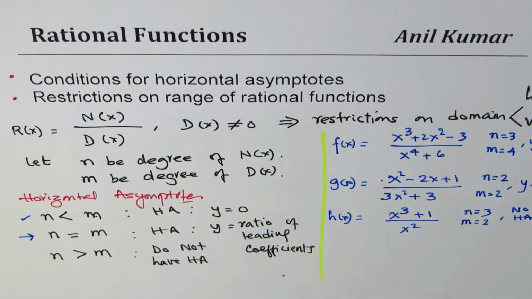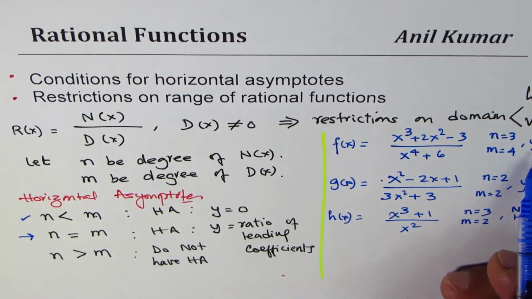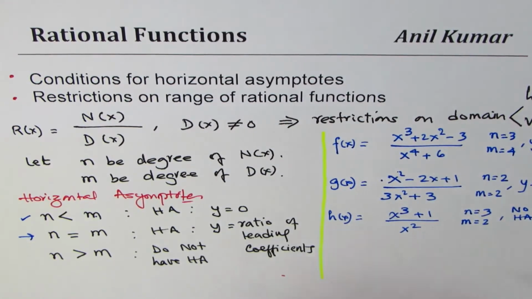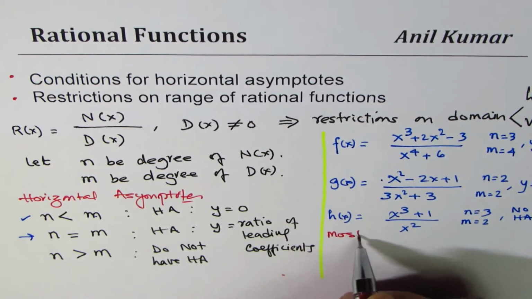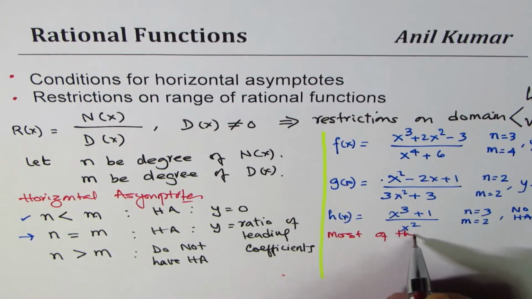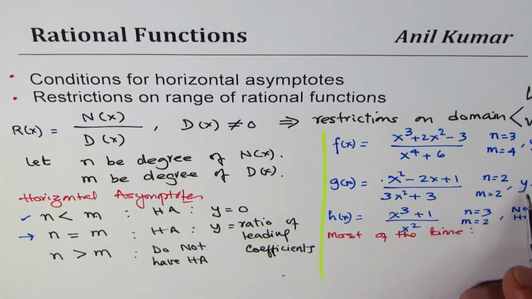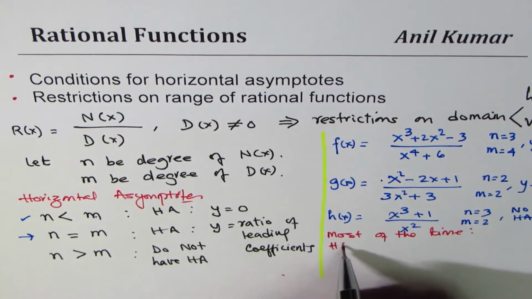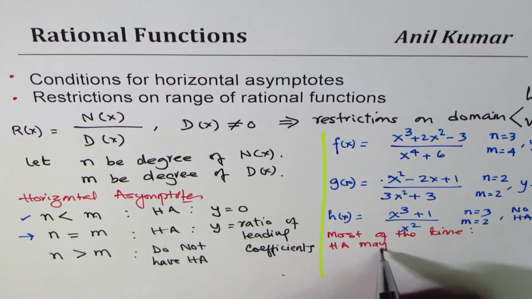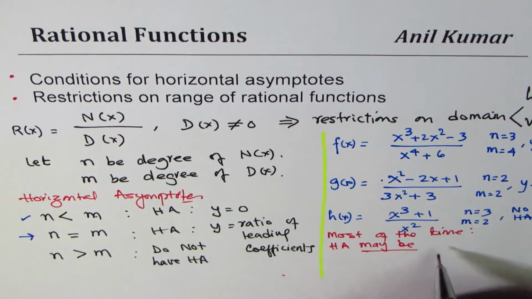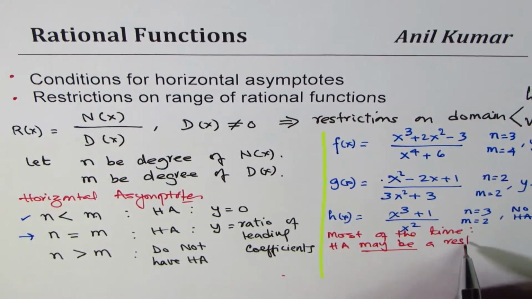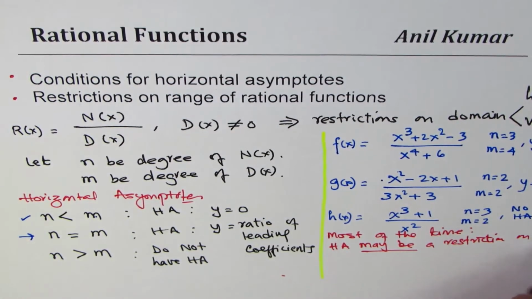In most cases, I'm not saying in all, there are exceptions, okay? Most of the time, a horizontal asymptote is a restriction on the range.